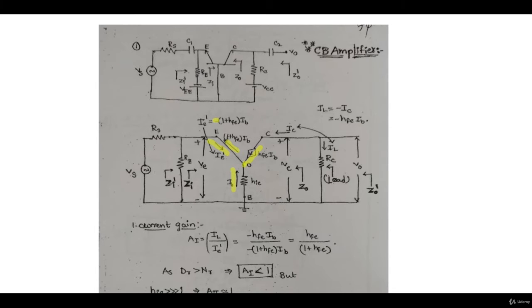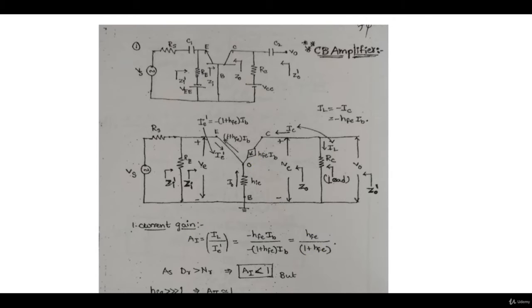Once you have IE dash, IC is equal to hfe·IB, so AI is equal to IC divided by IE dash, which is minus hfe·IB divided by minus (1 plus hfe)·IB, that is hfe divided by 1 plus hfe. So this will be the current gain in common base.